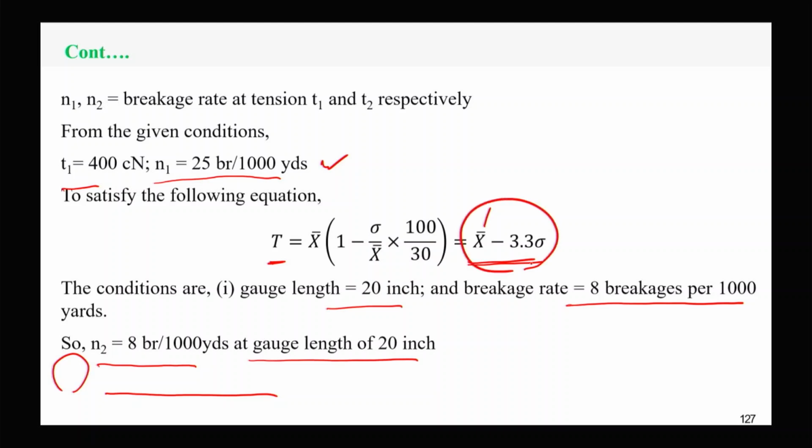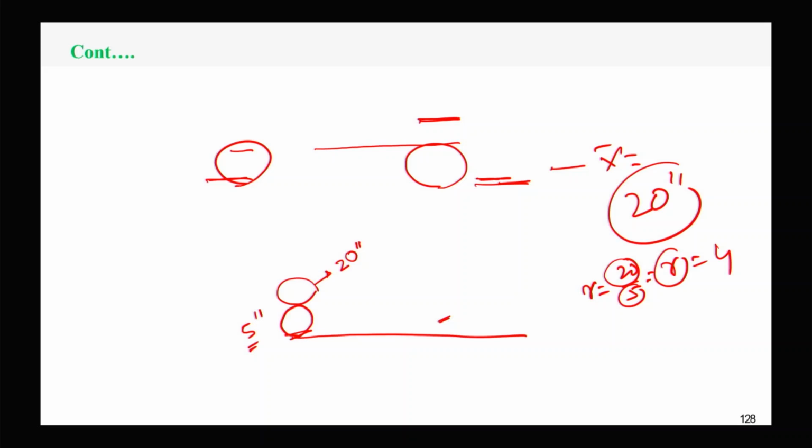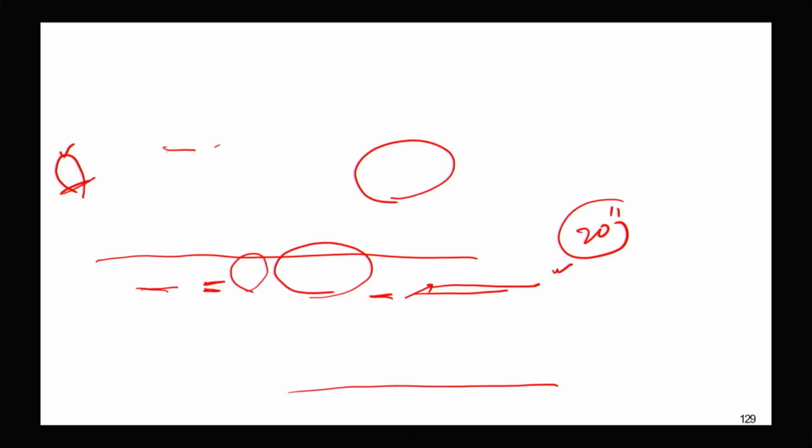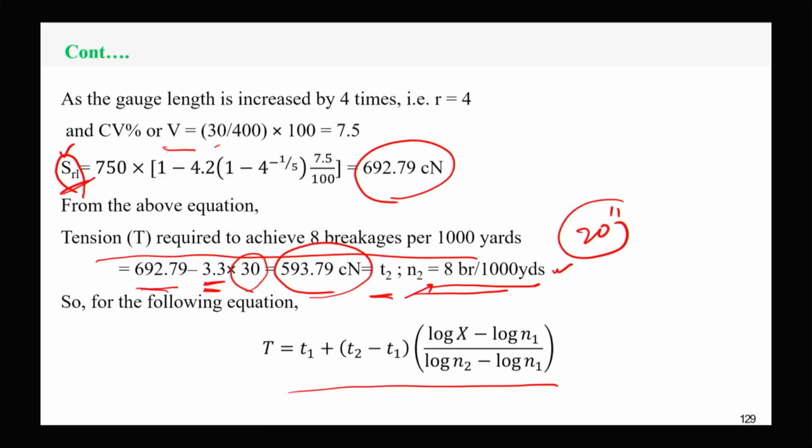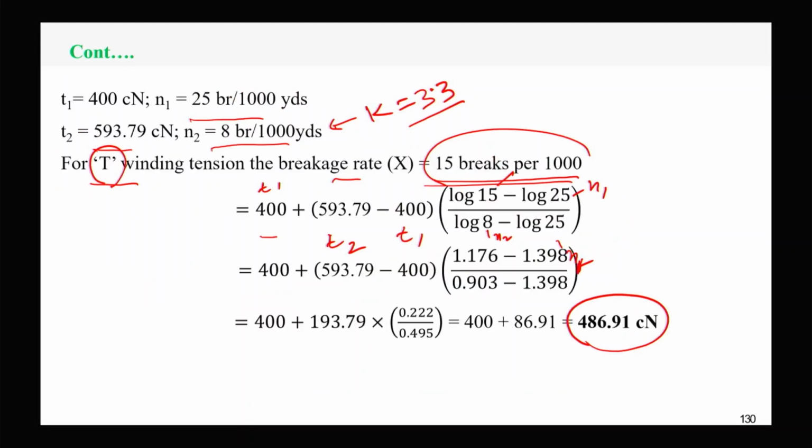And in this relationship, only if we want to use 3.3, there we have to get into the conditions, that is 20-inch gauge length and 8 breaks per 1000 feet. So accordingly, we have calculated the required tension. Okay.